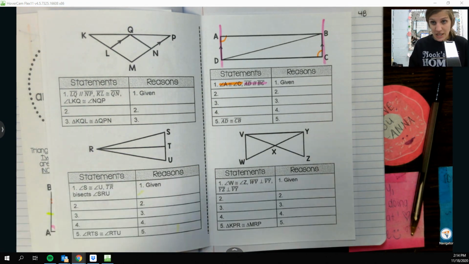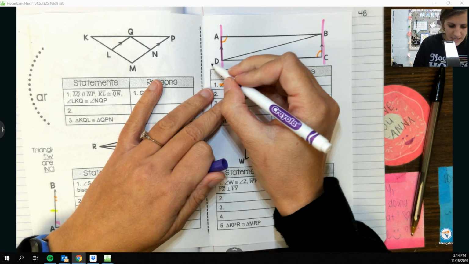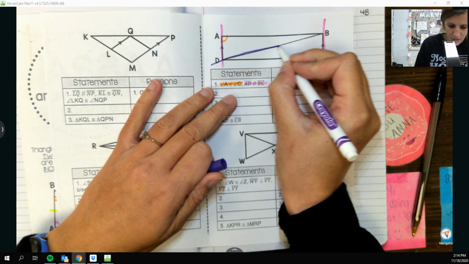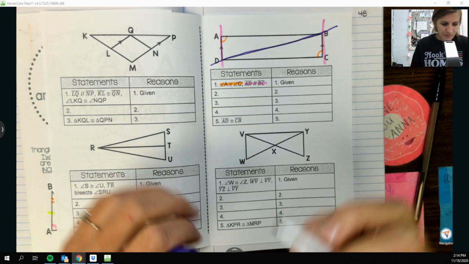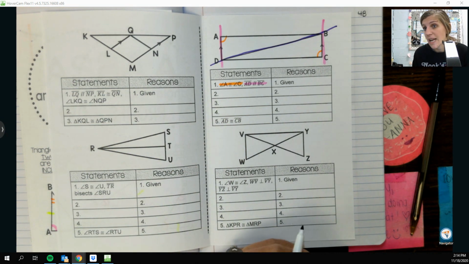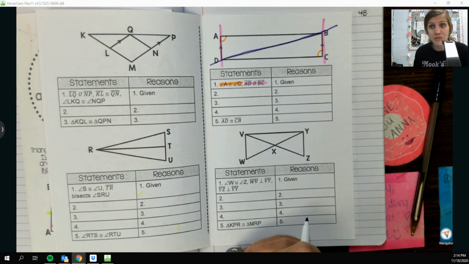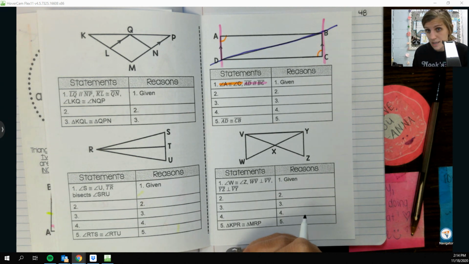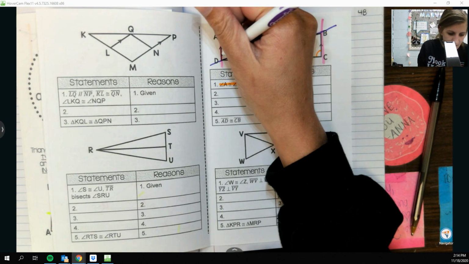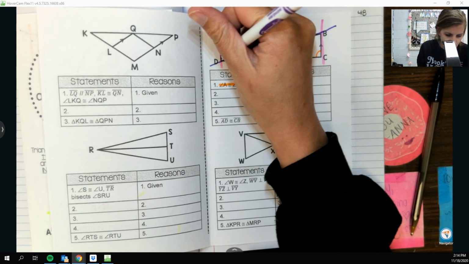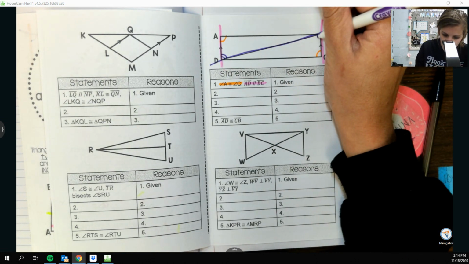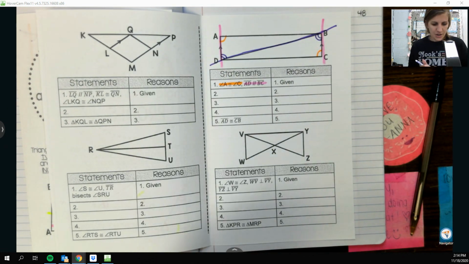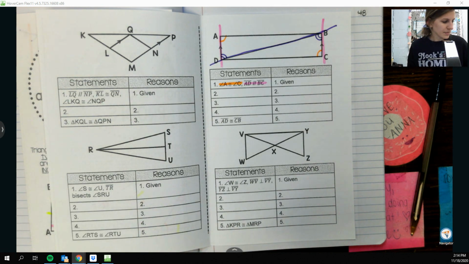Then we have to pick our transversal, which should be the one that's on both triangles. So this one. And then we want to be looking for an angle pair that we can say are congruent and also inside the triangles. So I think this one and that one are the ones that we want.